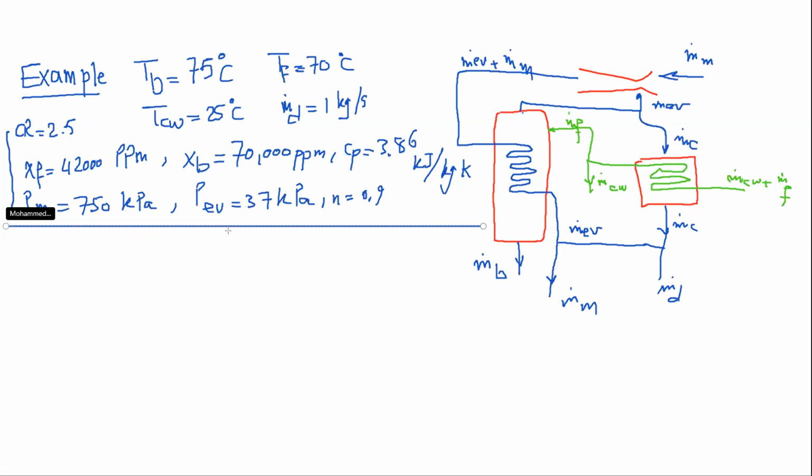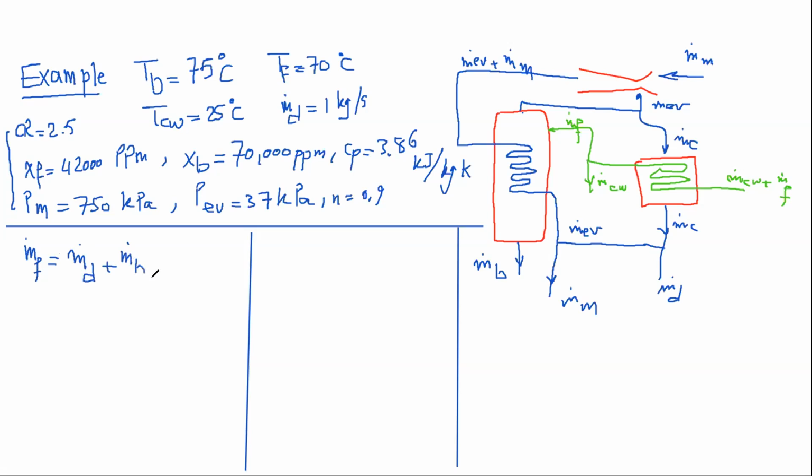I'm just dividing it to make it easy for me. Now, if we need to solve this problem, the first thing we are going to begin with, as usual, is the mass balance. The mass balance equation in the evaporator: m dot feed, the inlet flow, is going to equal m dot distillate plus m dot brine.